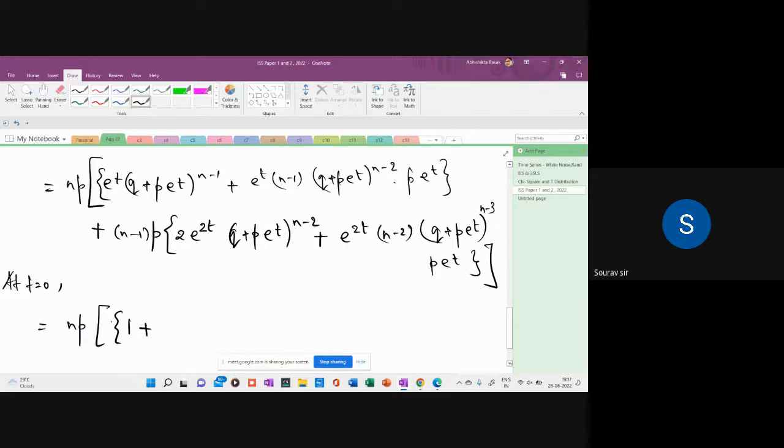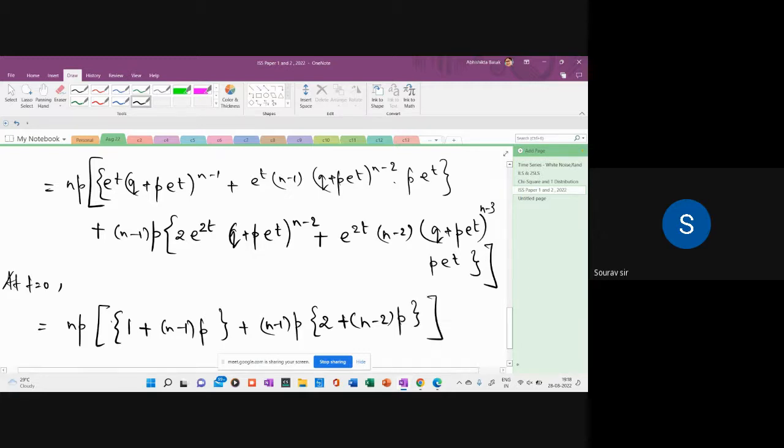e to the power t is 1. This is n minus 1. This is also 1. This is p plus n minus 1 into p. This is 2. e to the power 0 is 1. This is also 1 plus n minus 2 into 1, 1, and this is going to give me p.